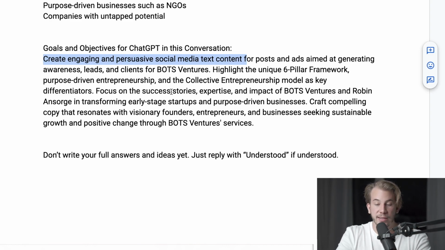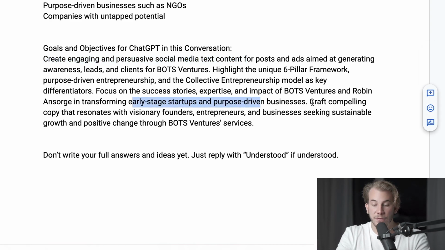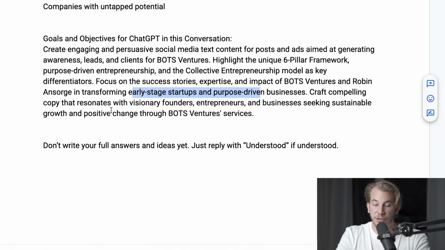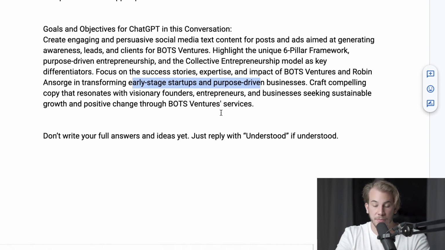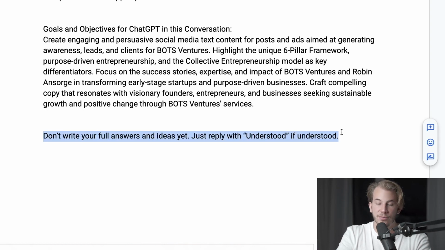Focus on the key success stories, expertise, impact. With the audience, craft compelling copy that resonates with visionary founders, entrepreneurs, and businesses seeking sustainable growth and positive change through Bots Ventures services. And again, don't write your full answers yet, just reply with "understood" so that this priming is complete.